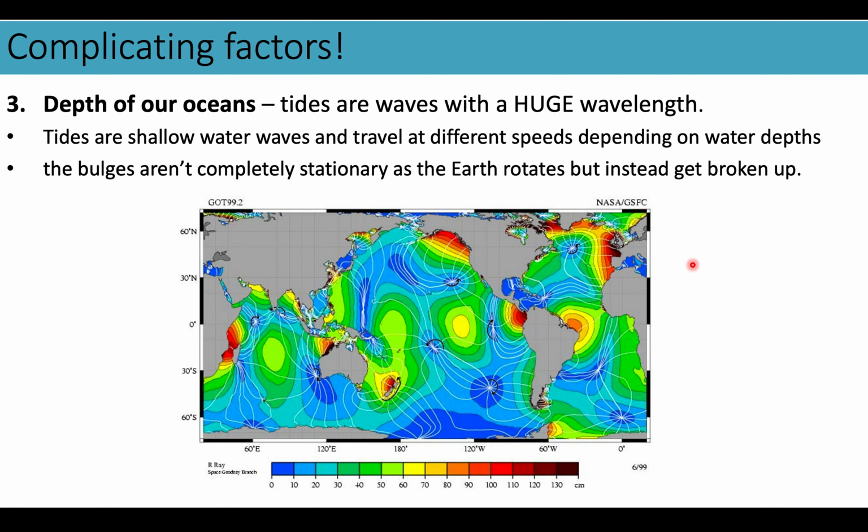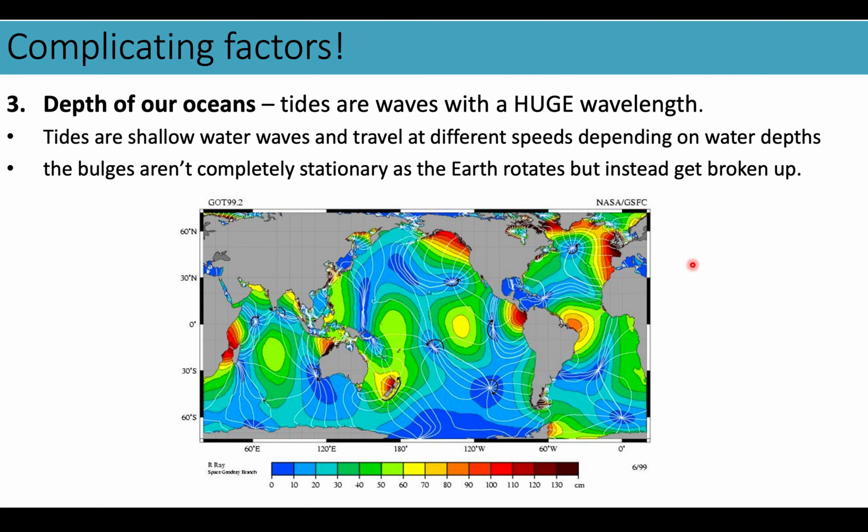The next complicating factor is thinking about the depth of our oceans. Tides are essentially really gigantic, stretched out waves, and they travel at different speeds depending on the depth of the water. So the bulges really aren't totally stationary.